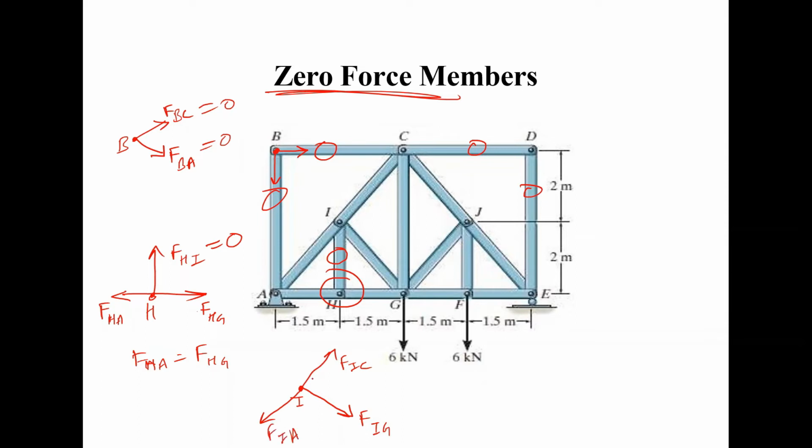So again, only three forces are acting at the joint I. Out of these three, two are acting along the straight line, that means FIC and FIA. FIC and FIA will be equal, and the third force FIG will be equal to 0. So this member IG will also carry 0 force. So this is a 0 force member.